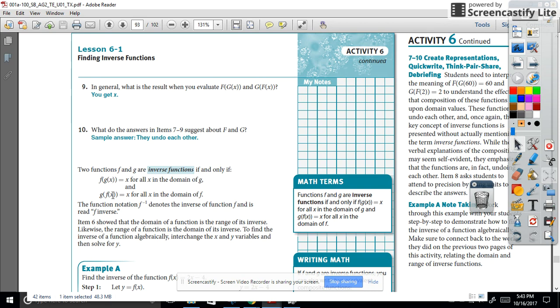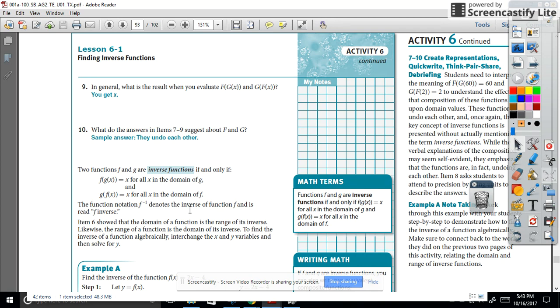So the domain of this function has to be. We'll worry a little bit more about what that means later. You don't have to worry about these. These are what we call one-to-one functions. And once we talk about one-to-one functions, it'll make more sense then. But this is the notation right here that we're going to use to indicate that one function is the inverse of the other.